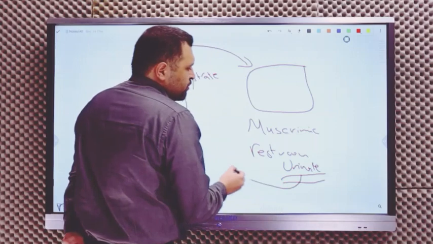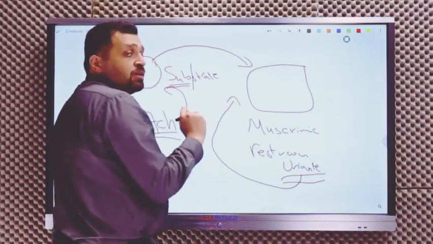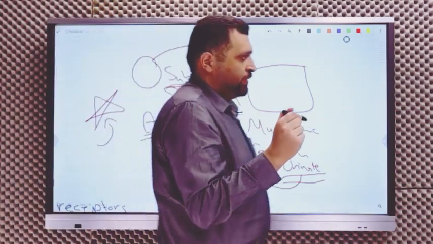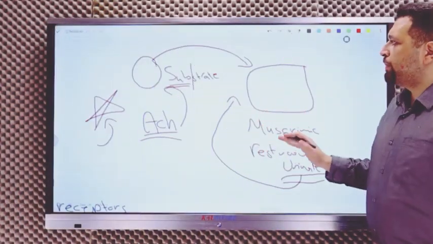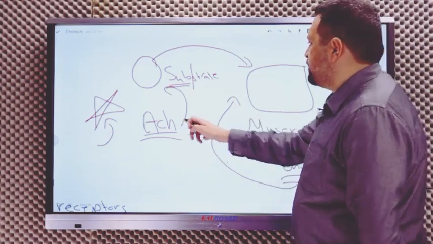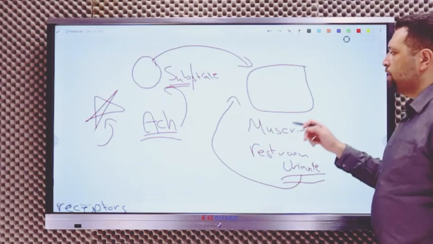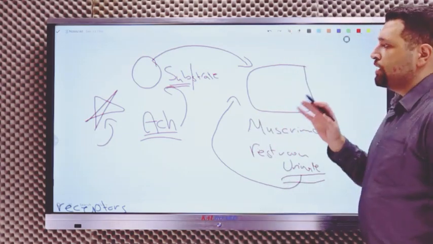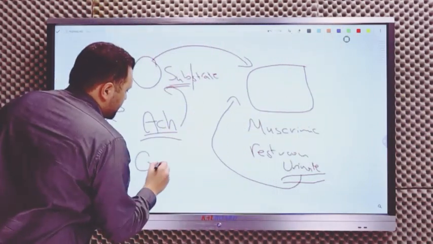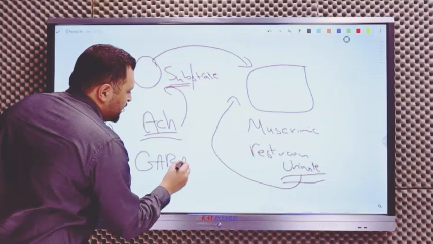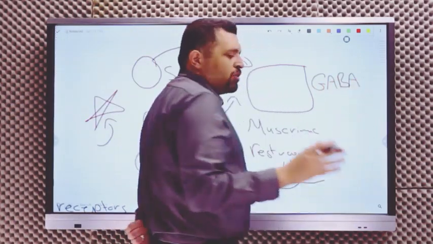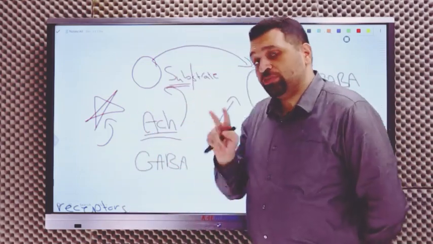So this function of urination comes from the binding of a substrate and a receptor. Now, sometimes the receptor and the substrate have different names, as here. Sometimes they have the same name, like GABA substrate and GABA receptor.